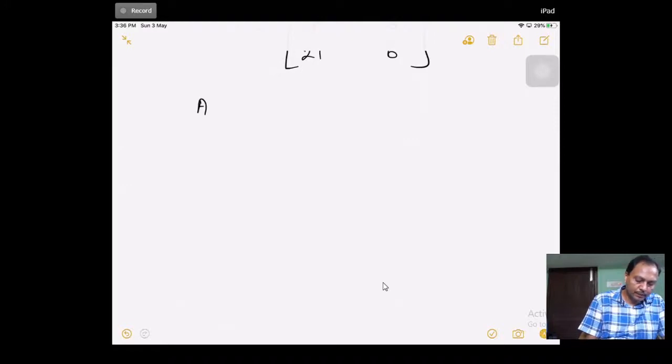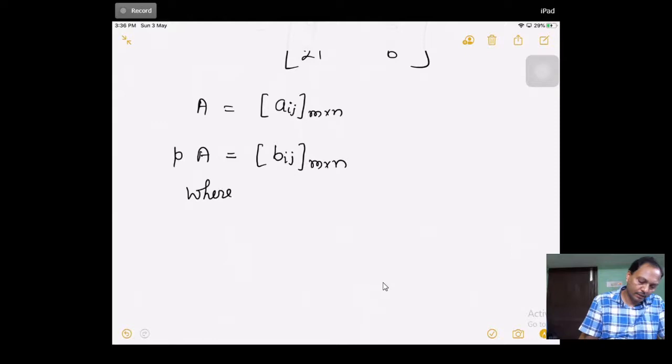Means if A is a matrix Aij of order m by n, then PA is equal to Bij of order m by n, where Bij is equal to P times Aij, and P is a scalar.